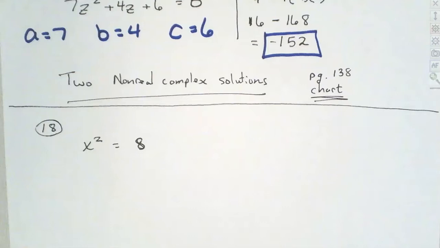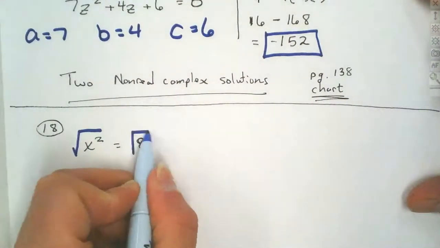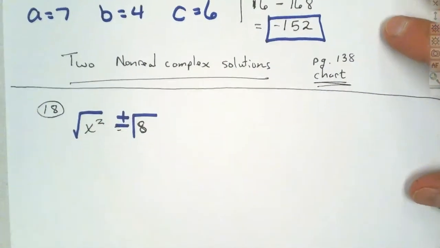So the square is by itself, or it's a quantity squared on the left, and I can get rid of a square by using the opposite. The opposite of a square is a square root, and whenever I take a square root, I always have to make sure that I add in a plus or minus.